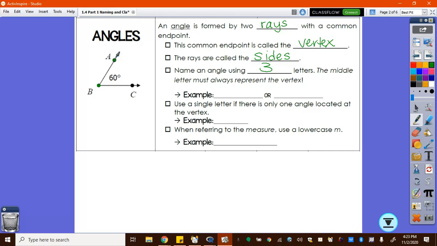I'm going to say angle ABC, and we put a little angle symbol like this. Again, these are capital letters because these represent points. I could also go the opposite direction, and again, B has to be my middle letter, but I could start at C and call it angle CBA.